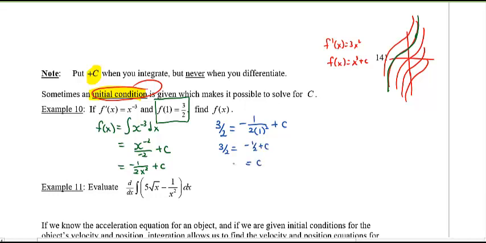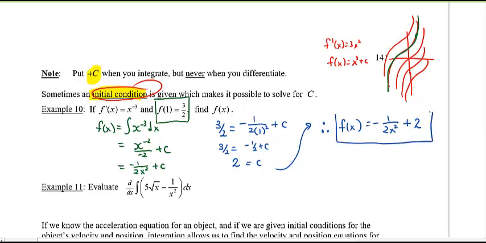We'll add 1 half to both sides. 3 halves plus 1 half is 4 halves, which is equal to 2. So c equals to 2, and therefore now we know f of x is not just negative 1 over 2x squared plus c, but we know the actual corresponding value of c, and that would be 2. And so when you're given an initial condition, we can now eliminate the c and figure it out.